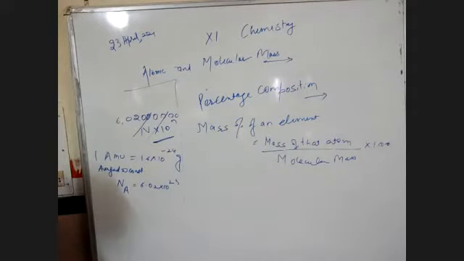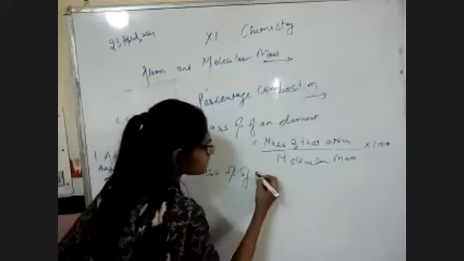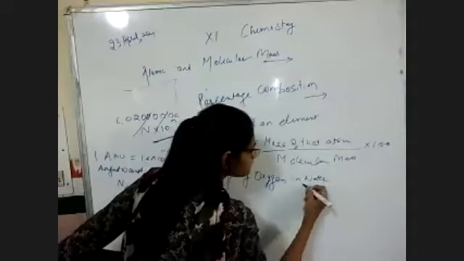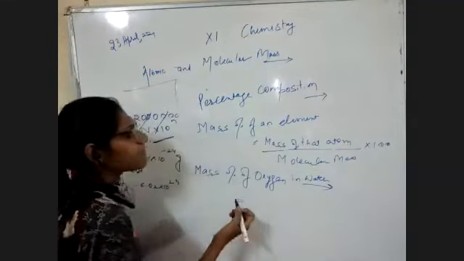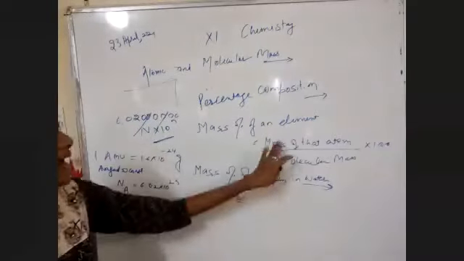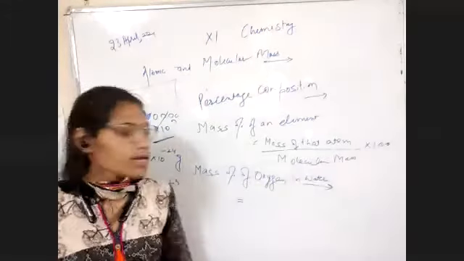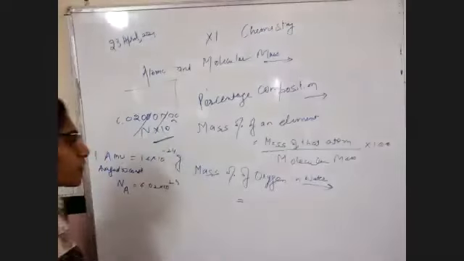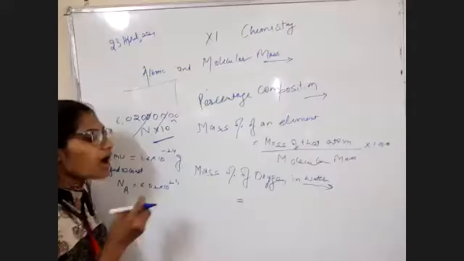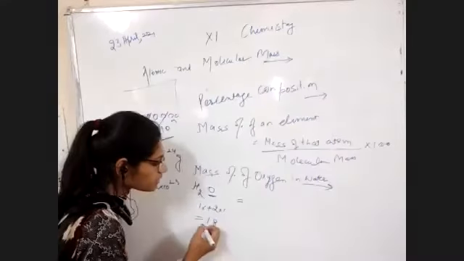Let's say we have to calculate the mass percentage of oxygen in water. How can we calculate the mass percentage of oxygen in water? For this, we must know the mass of oxygen divided by the molecular mass of water multiplied by 100. Okay, so we know how to calculate molecular mass. The molecular mass is 16 plus 2 into 1, that is equal to 18.